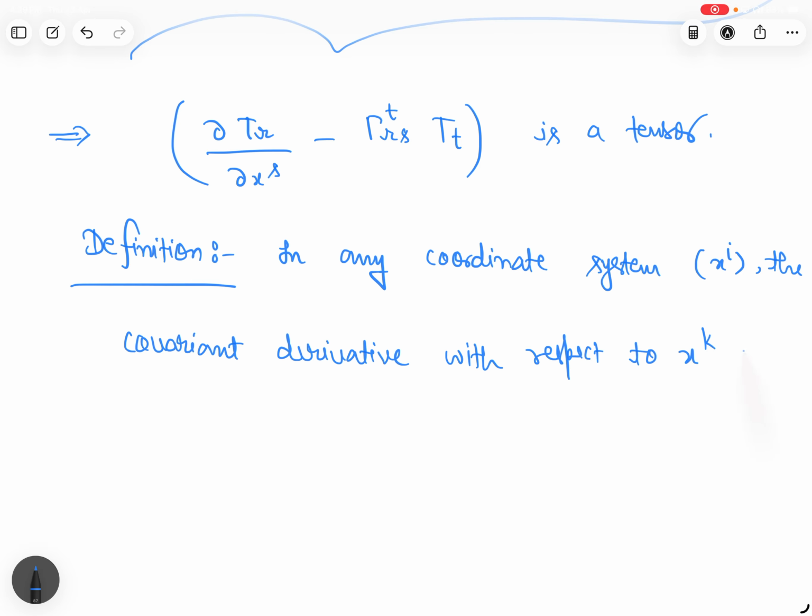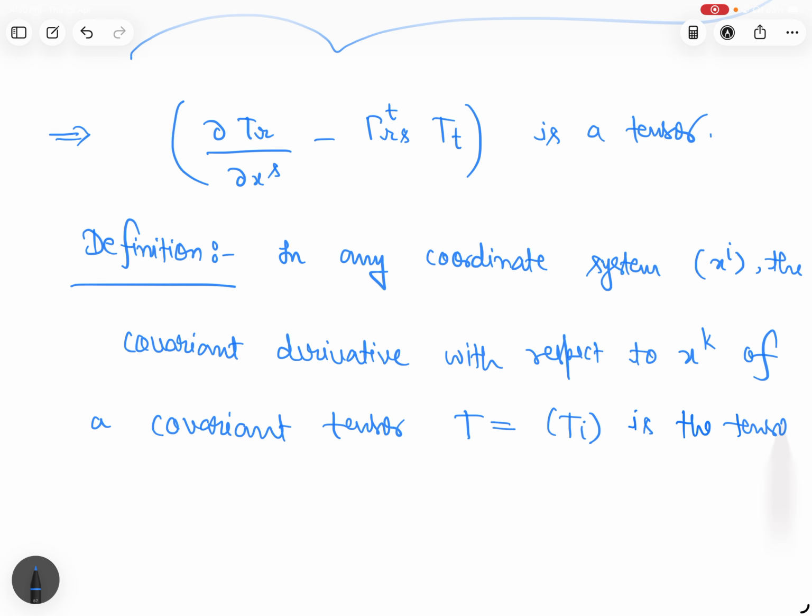So this is the covariant derivative of a covariant tensor. Okay, defined this way. This is definition 1: covariant derivative of covariant tensor.